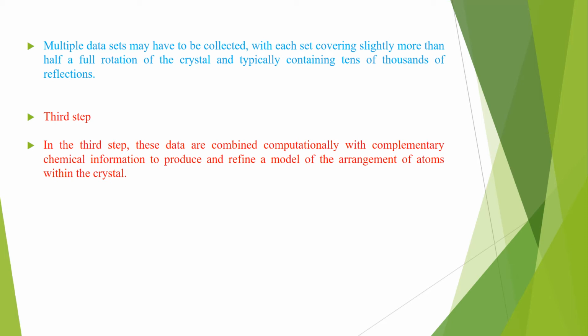And in the third step, these data are combined computationally with complementary chemical information to produce a refined model of the arrangement of atoms within a crystal. The final refined model of the atomic arrangement, now called a crystal structure, is usually stored in a public database.